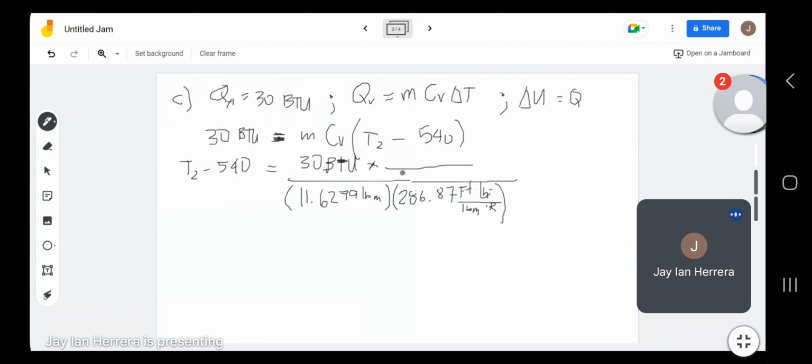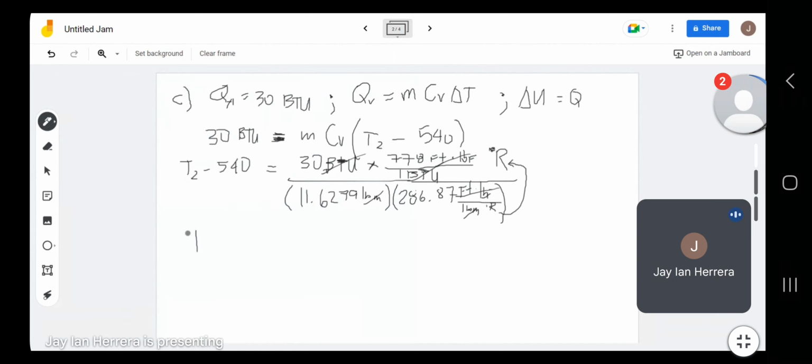That is equivalent to 1 BTU is equivalent to 778 foot pound force. Okay. So, BTU, i-cancel out. Pound mass, maka-cancel din. And foot pound force, maka-cancel. So, akyat ang unit ni Rankine. Kaya, algebra lang yan. So, denominator, magiging numerator yan.